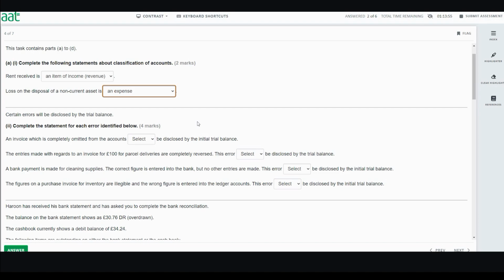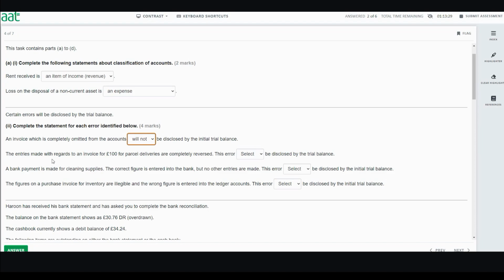It says an invoice which is completely omitted from the accounts. Well, if it's been omitted completely, it will not be disclosed because it's not in there. We've not posted anything, so it won't cause a problem in the trial balance. It won't throw out the debit or credit balance.